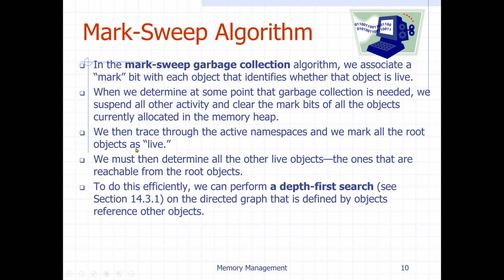We then trace through the active namespaces and mark all the root objects as live. We must then determine all the other live objects, the ones that are reachable from the root objects. To do this efficiently, we can use the concept of depth-first search, which we cover in our course textbook, chapter 14, on a directed graph that is defined by object references to other objects.